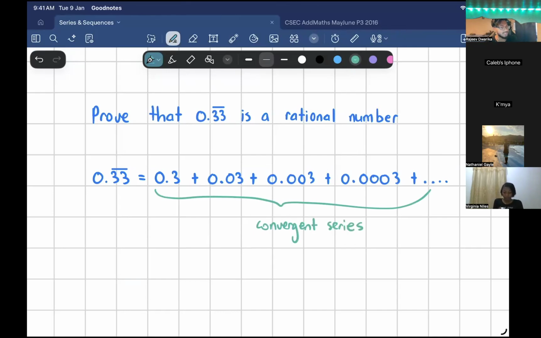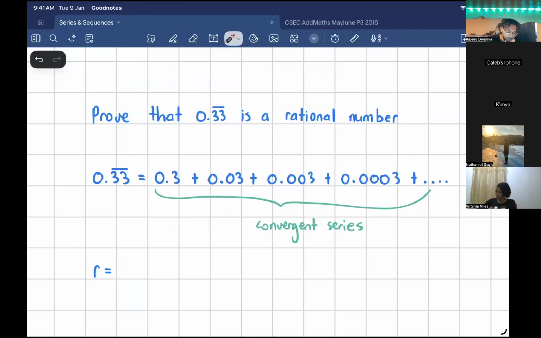And if it converges to a finite sum, it'll be a rational number. That's already telling of the answer. Now, we need to find the common ratio. I think you can see the common ratio already. 0.1. Yeah, it will be 0.1, because every iteration the decimal place just shifts one space to the left.